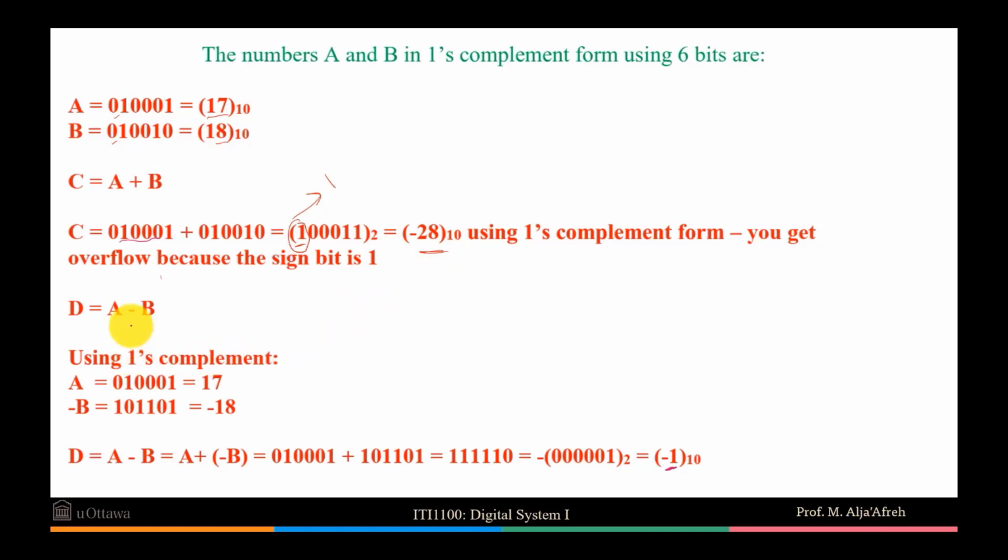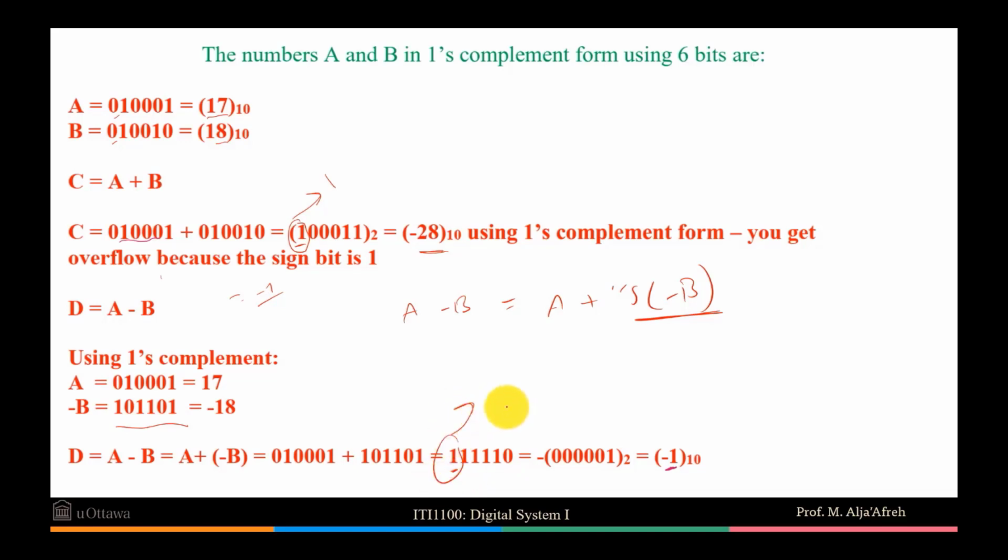Now, if you would like to find A minus B, which is 17 minus 18, it should give you minus 1. A minus B is equal to A plus the ones complement of B. So how are we going to do that? We're going to convert B using the ones complement notation, and after that we're going to add A to B. The result will be equal to 111110. The most significant bit is 1, so the result is negative.